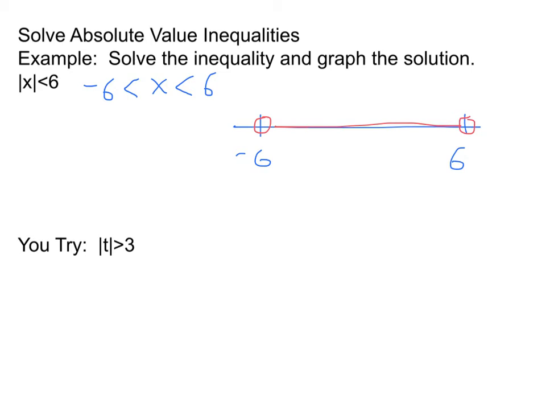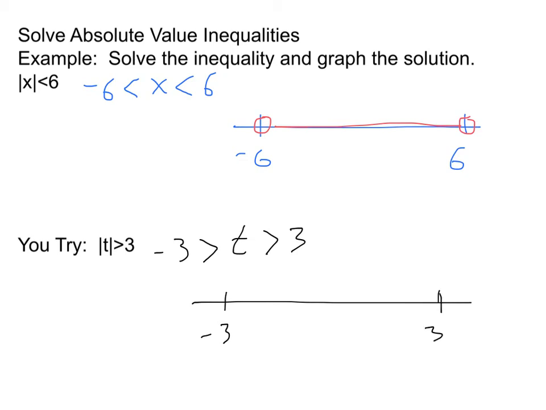So you might see it written like this. Negative 3 is greater than t, or t is greater than 3. If we drew a number line there, we'd go negative 3, 3.